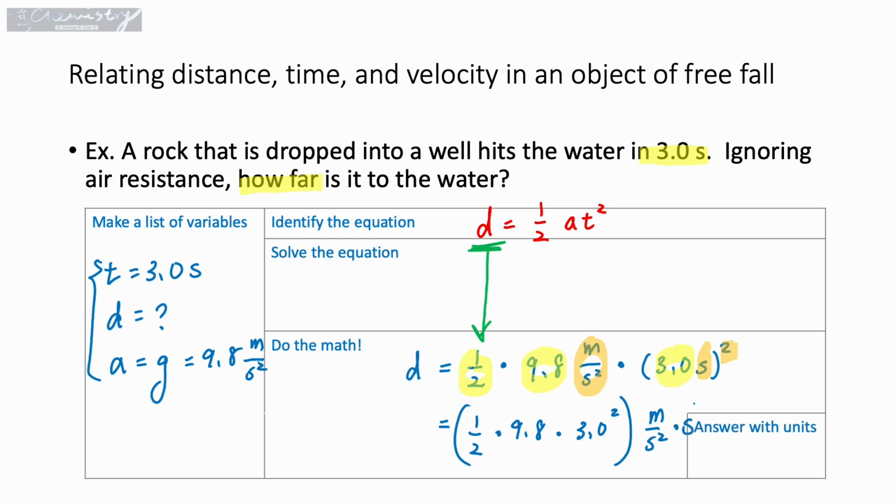So remember that in the case over here, when we say 3.0 s squared, that means that we are squaring the 3, so that's 9, also squaring the s. So the square applies to both of them. And in this case, s squared and s squared can cancel out because one is at the bottom of the fraction. Then, multiplying those three numbers together, we get 44 meters, which the unit makes sense, right? Because we're looking at distance.